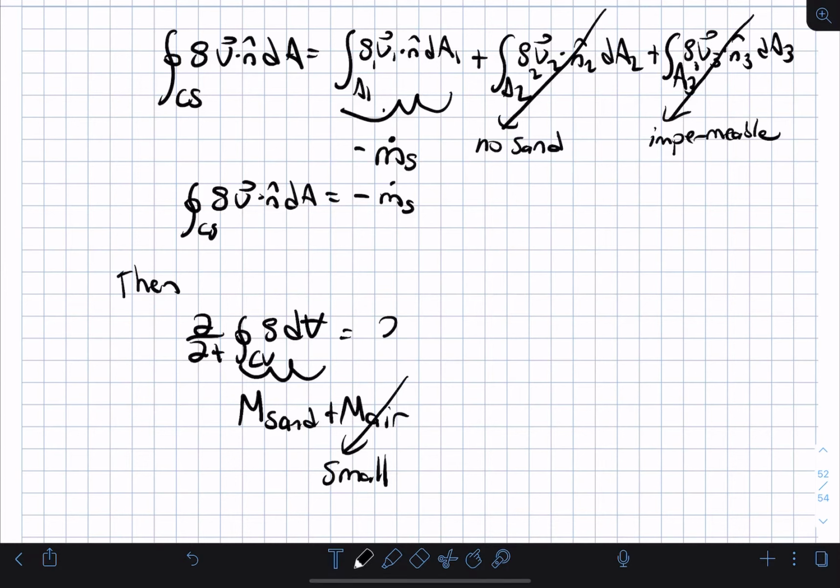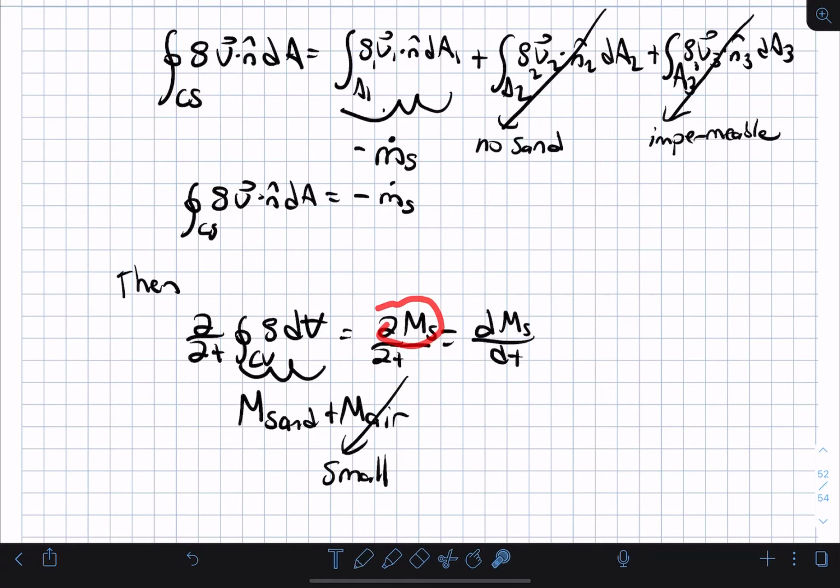So this equals partial t of the sand mass, which I'll just call ms. The quantity of mass in the control volume is actually not a function of space, it's only a function of time. So that would be dms dt.